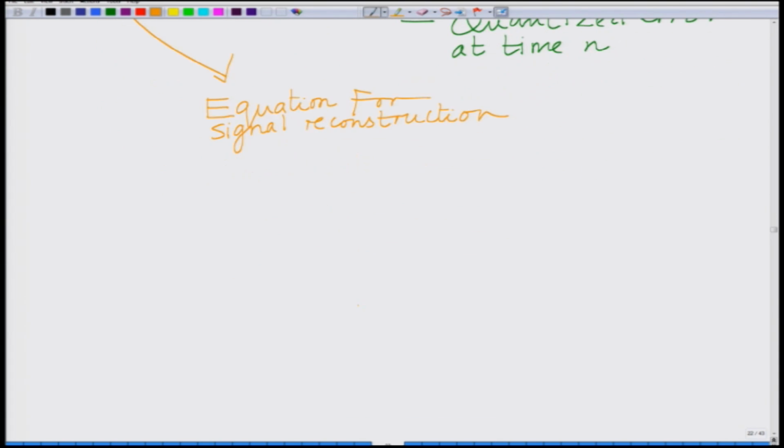Okay. So, now let us see how it works. Whenever we are doing signal reconstruction, we have time, and it is very simple, as we have seen already. The procedure itself is very simple. We have MQ[n-1].